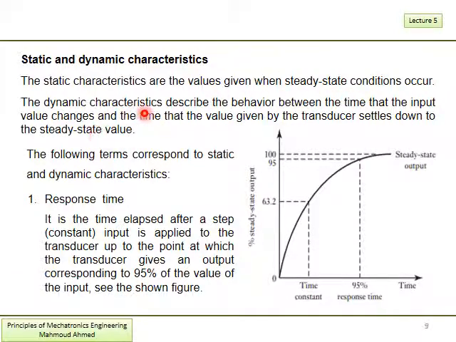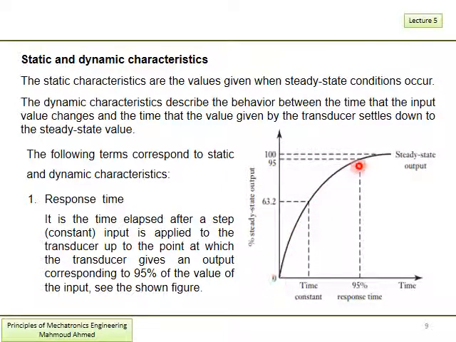The dynamic characteristics describe the behavior between the time the input value changes and the time the value given by a transducer settles to a steady state. So dynamics means the transient state.